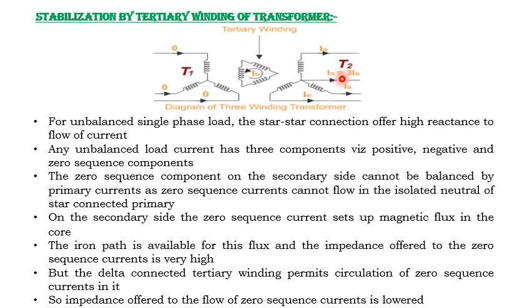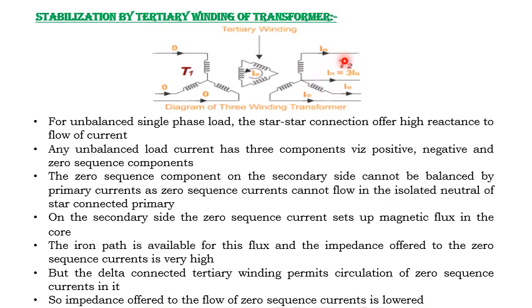It sets up its own magnetic flux on the core, so the impedance offered to the flow of zero sequence current is lowered.